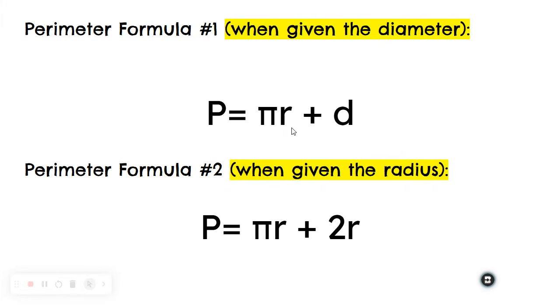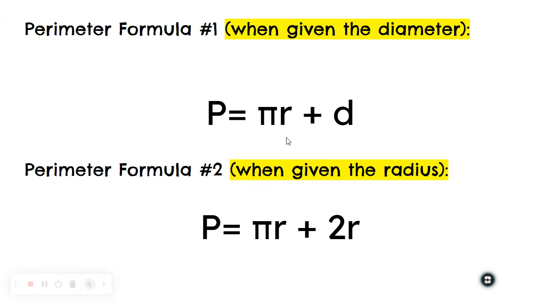Here is where we have to remember that relationship between radius and diameter, because it's giving you the diameter, not the radius. So how could I find the radius if I'm given the diameter? I can divide the diameter by 2, and it gives me the radius. So even though I'm being given the diameter, I still have to do a little bit of work to find the radius.